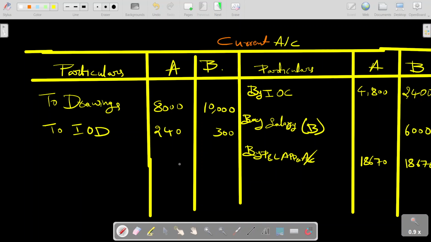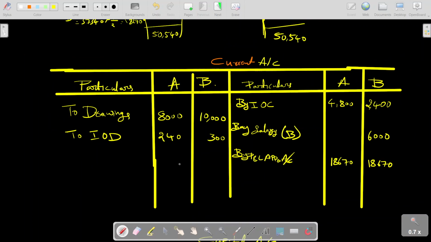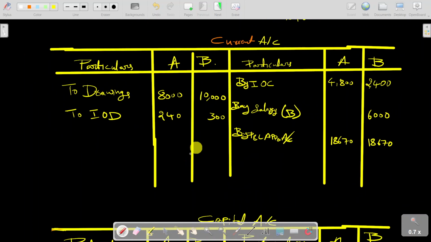For doing the balance, we have to add all the credit items and deduct these debit items from the credit items.